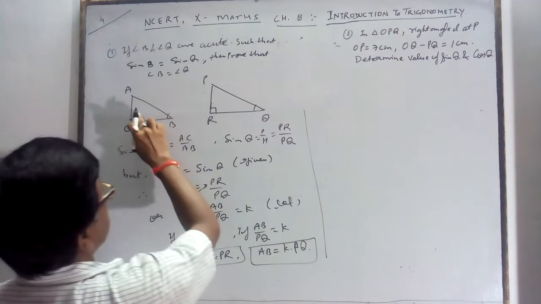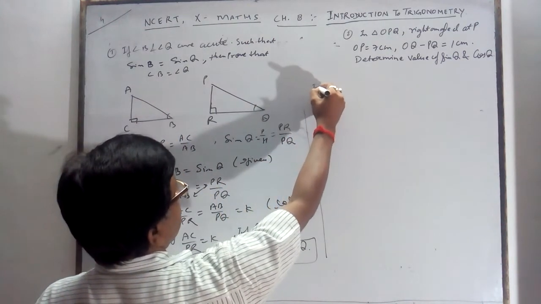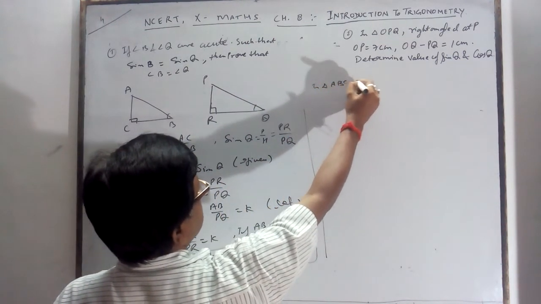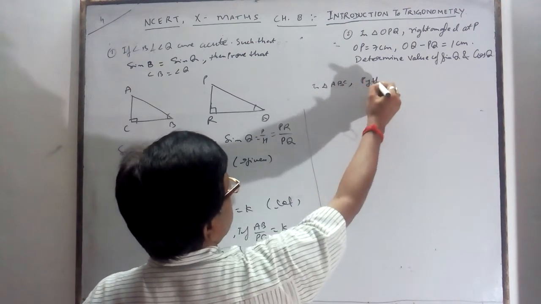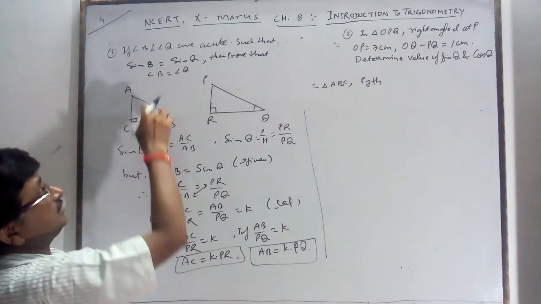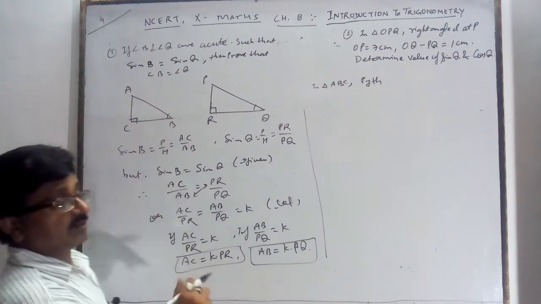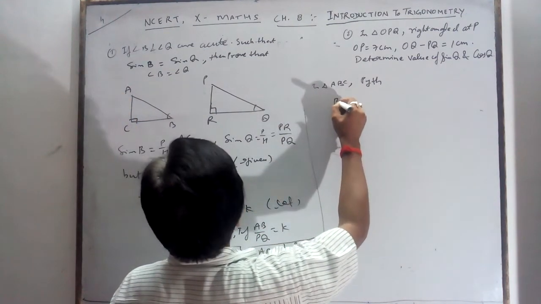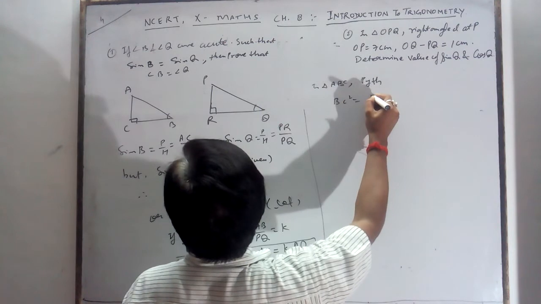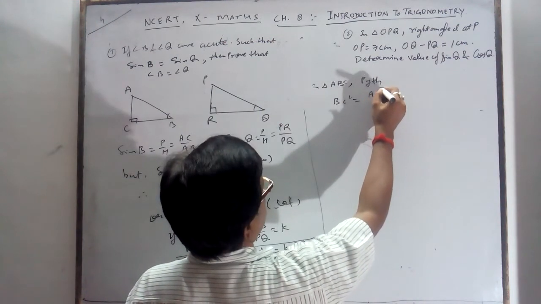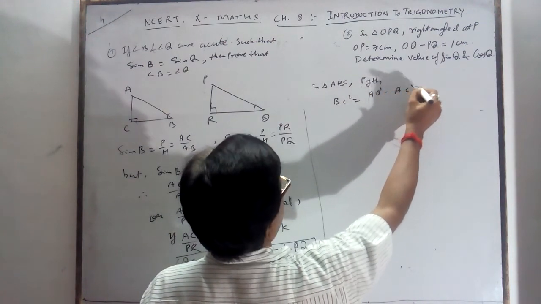First take the right triangle ABC. Applying Pythagoras, BC square is equal to AB square minus AC square.